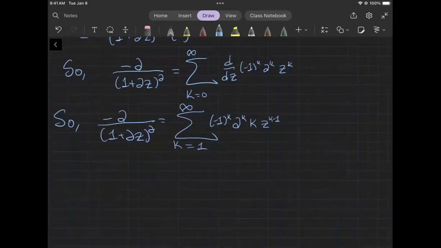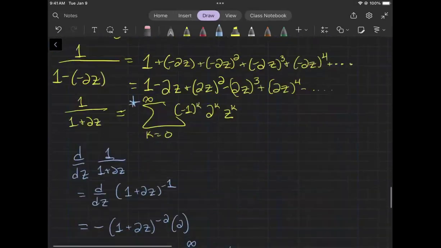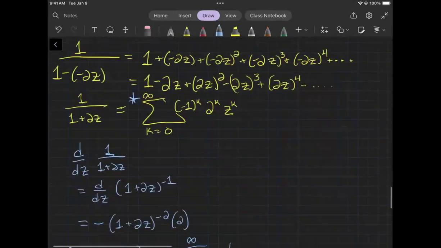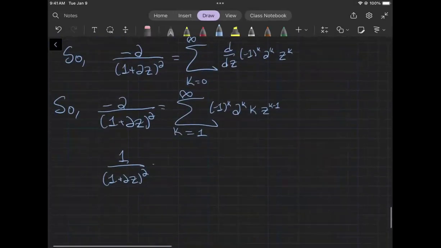So if I divide both sides by negative 2, I will formulate the power series of 1 over 1 plus 2z squared. And so this would be k equals 1 to infinity of, so 2 to the k.